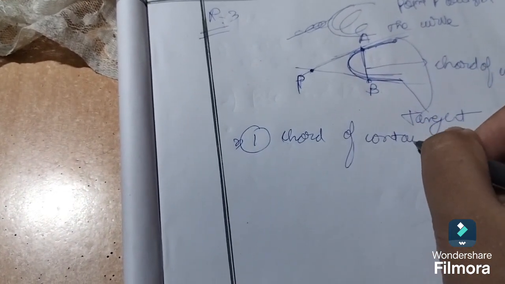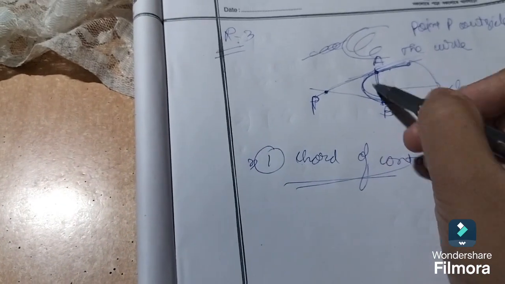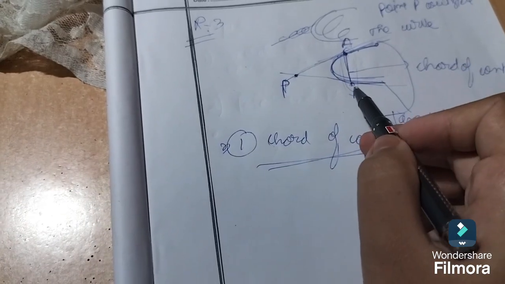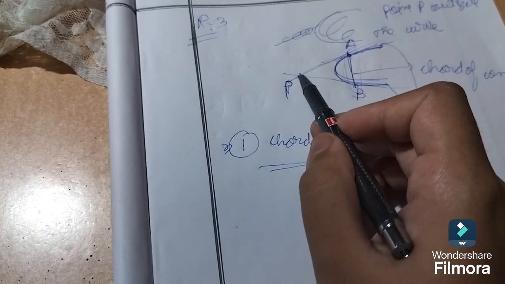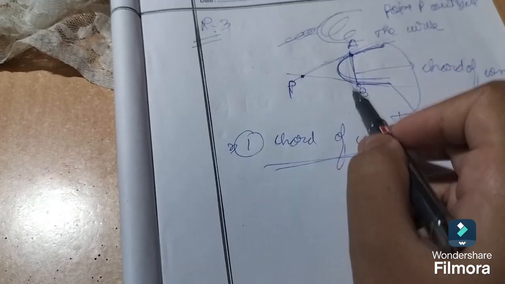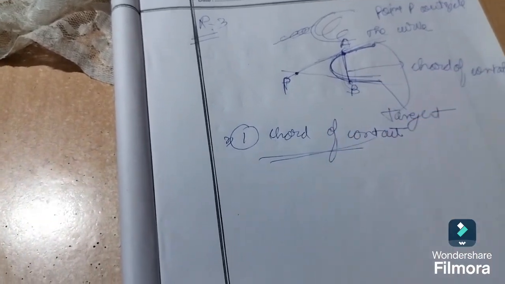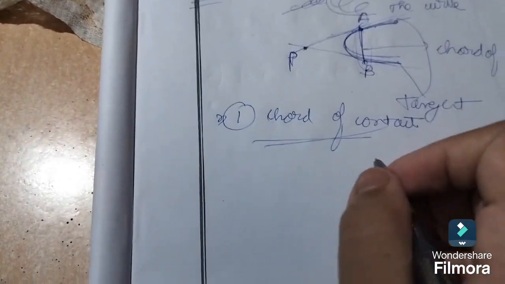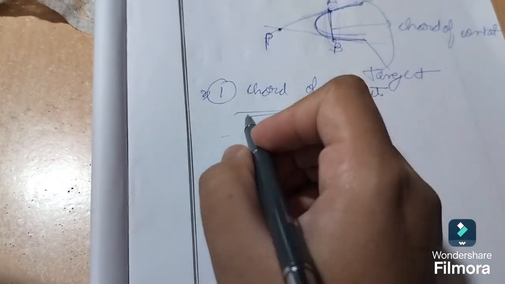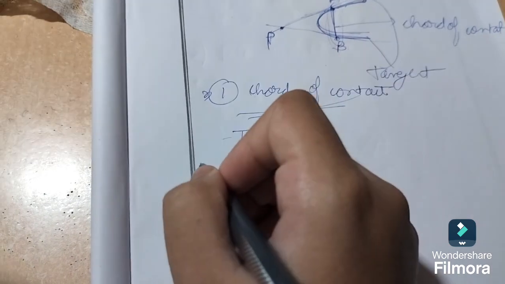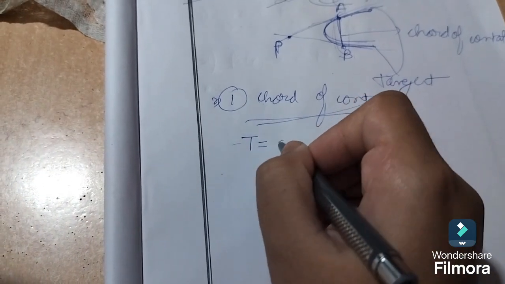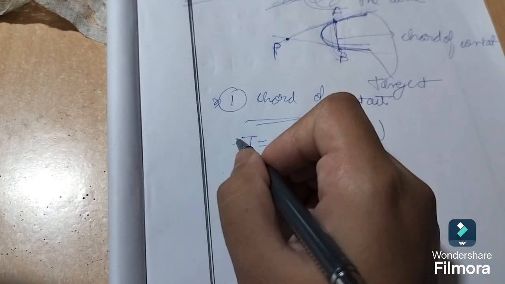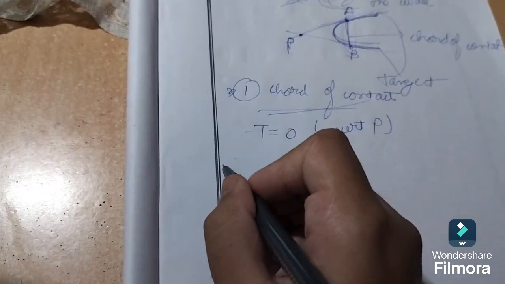If you draw two tangents from P, there are two contact points, and if you draw the line joining them, that is the chord of contact. How to find the chord of contact? Basically you have expression T, and you put it equal to 0 with respect to P. If you do this, you will get the chord of contact, right?